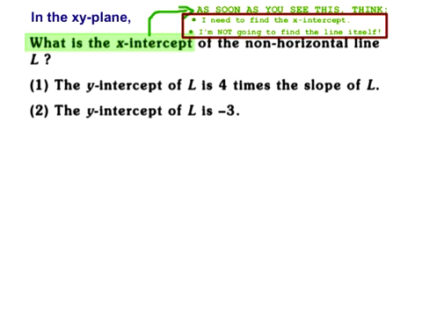Same sort of thing in general. When you see data sufficiency problems, you should just think this. If you see, what is the tenth digit of the number n, you should think, I'm going to find that digit, and I'm definitely not going to find n. Definitely, definitely, definitely.